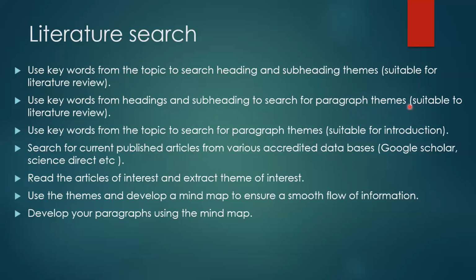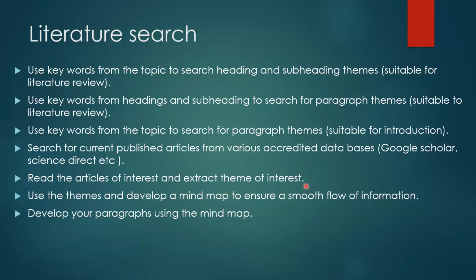So, paragraph themes. Then you use keywords from the topic to search for paragraph themes. If you have a topic, then you search for current publications, current articles from various accredited databases, such as Google Scholar and Science Direct. You read the article of interest and extract themes of interest.